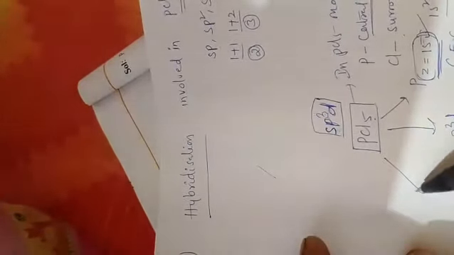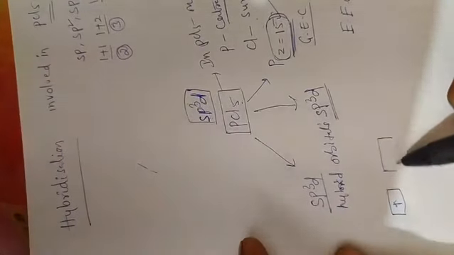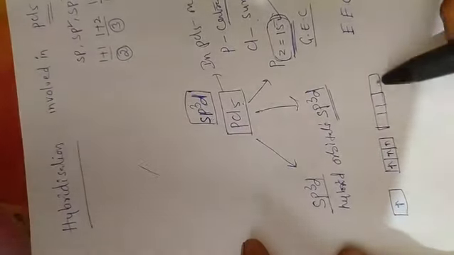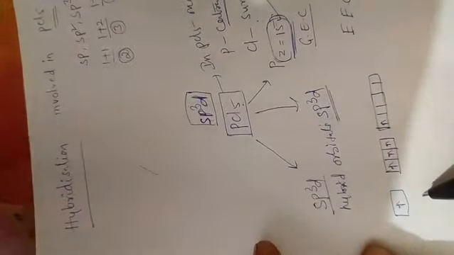It is involved in sp3d hybridization. So in sp3d hybridization 5 electrons are involved, right? So it forms sp3d hybrid orbitals. So just write one electron here, and here 3 electrons, and we know that in the d orbital we have 5 subshells, so here only 1.